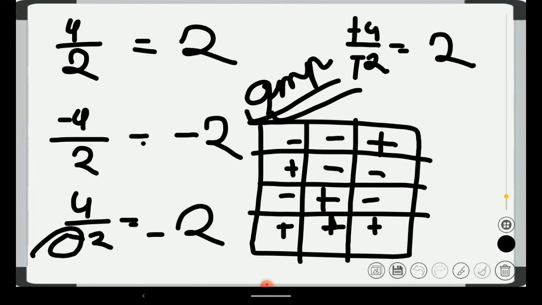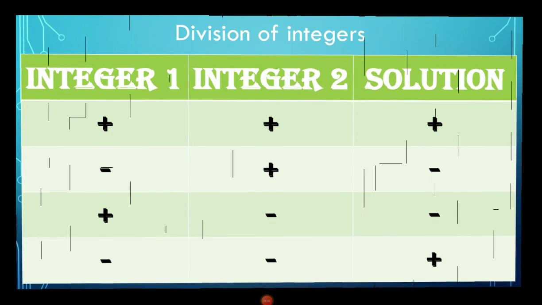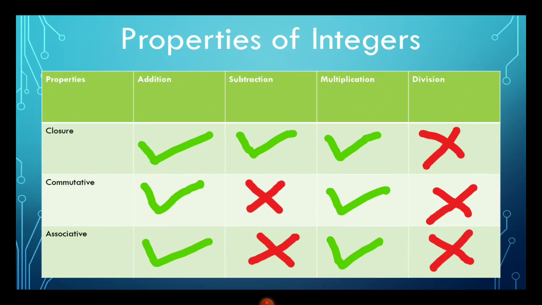Now let's look at the properties of integers. So integers also have three properties: closure property, commutative property, and associative property. And I am not explaining the distributive property because you know that it is a into b plus c is equal to a into b plus a into c.